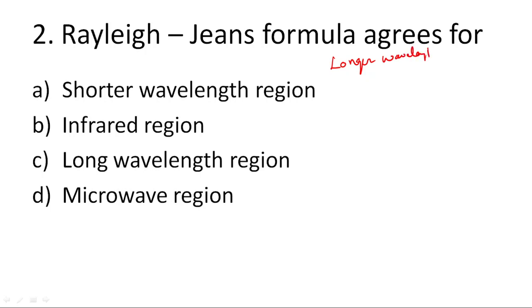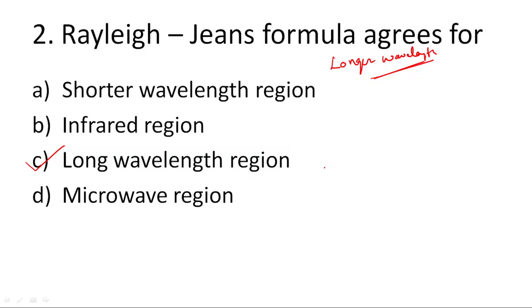So in longer wavelengths, we can use the Rayleigh-Jeans law to find the energy of the black body. So directly we can answer this question as C, because it is used in longer wavelength regions, and Wien's law is used in shorter wavelength regions, and in all wavelength regions we use Planck's radiation law.